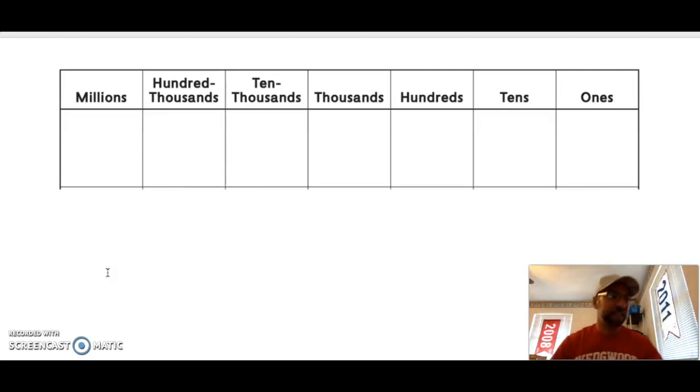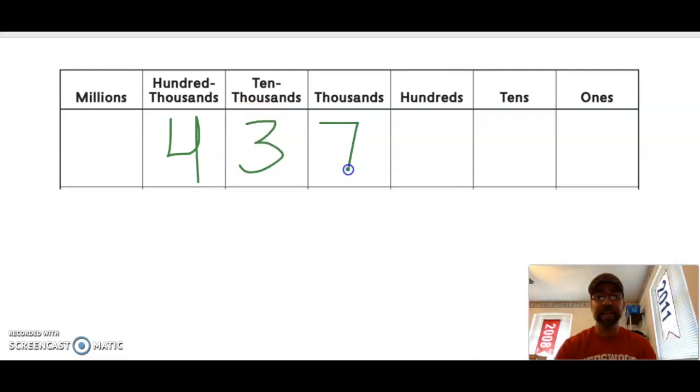Let's try and write this number. 437,000, so there I heard the comma, 437,285. 437,000, comma, 285. Go ahead and write that number on your sheet protector.